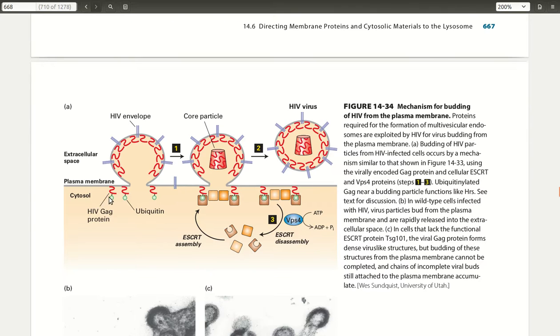And so it uses this gag protein to recruit these ESCRT assembly proteins on the forming HIV envelope. And so once this assembly has been made, it'll help the HIV envelope bud off of the plasma membrane, and then you get a free HIV particle. And then of course the disassembly of this complex would be driven by VPS4 through ATP hydrolysis.